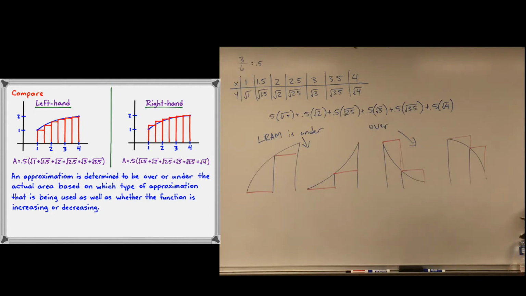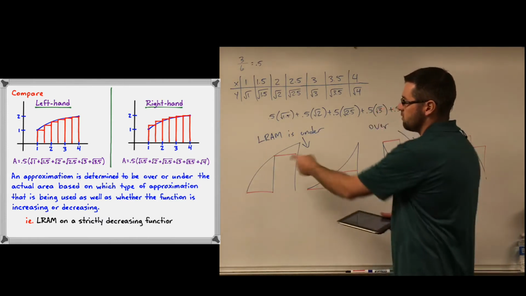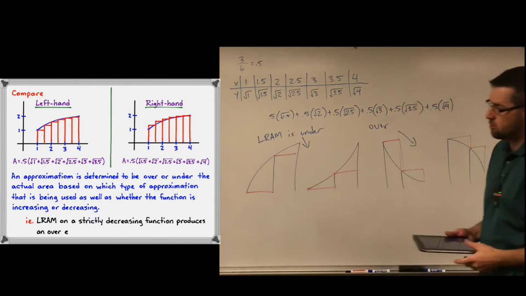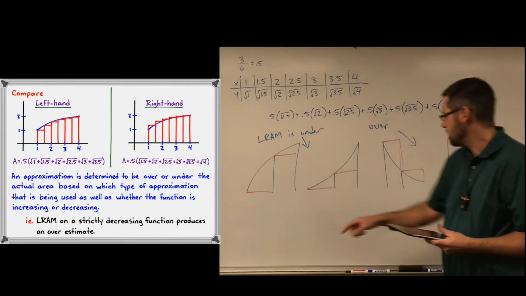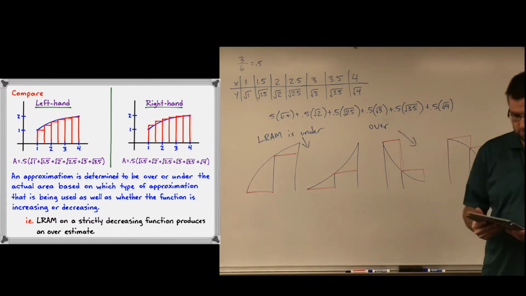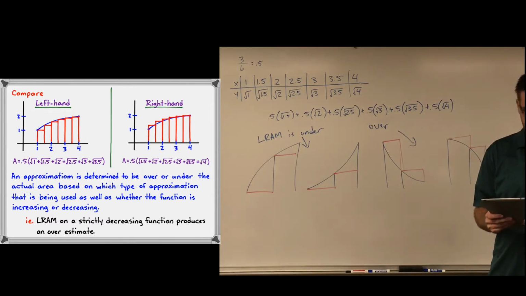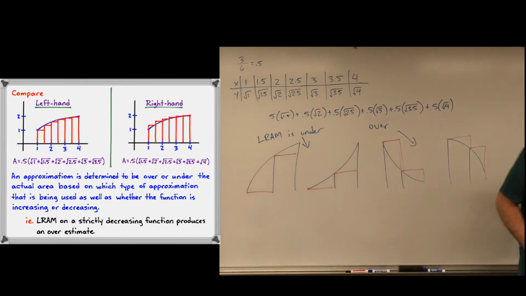So the example I'll give you here: left hand on a strictly increasing function is an under approximation. Left hand on a decreasing function is an overestimate. You guys okay with that?